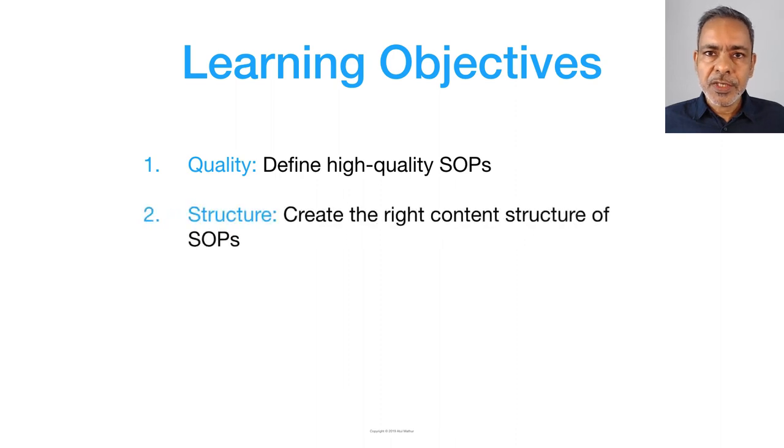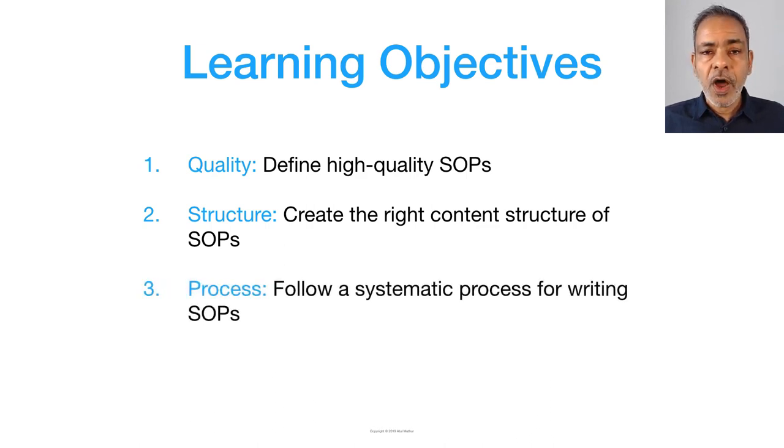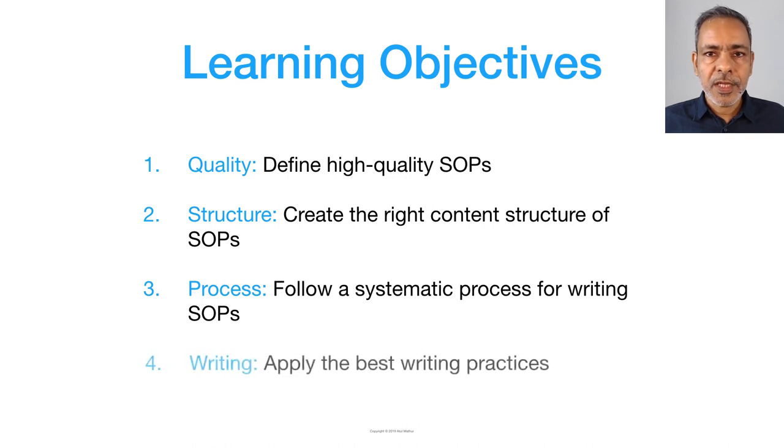Second learning objective is to create the right content structure of SOPs and also learn how to systematically write individual sections of an SOP like purpose, scope, responsibilities, instructions, calculations, etc. The third learning objective is to learn how to follow a systematic process for writing SOPs. And finally, the fourth learning objective is to learn and apply the best writing practices. So these are the 4 key learning objectives.